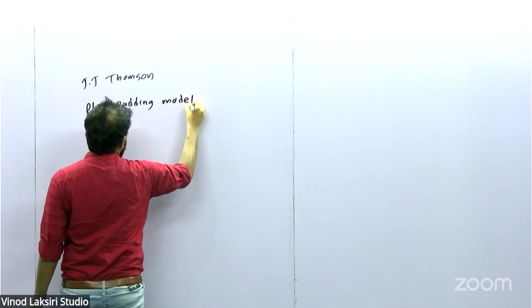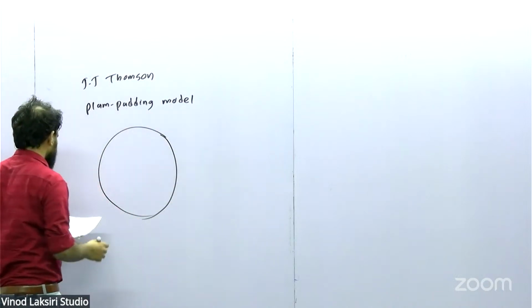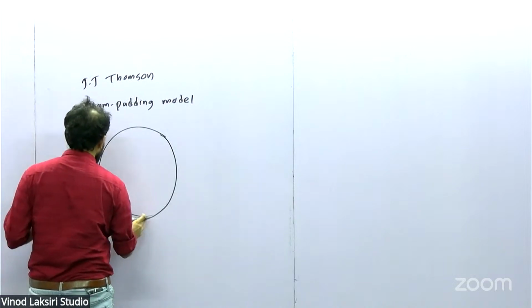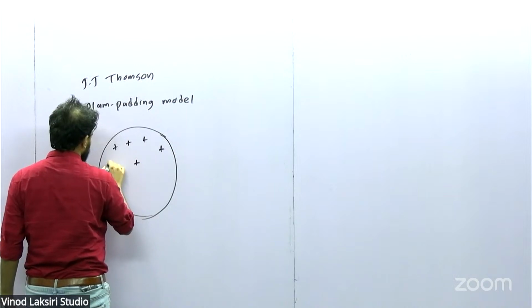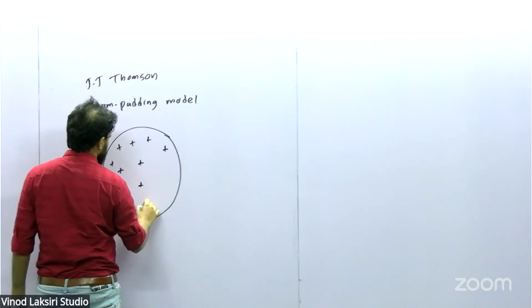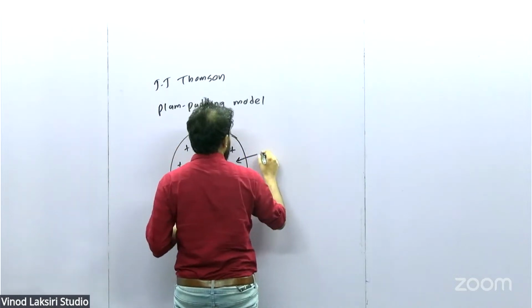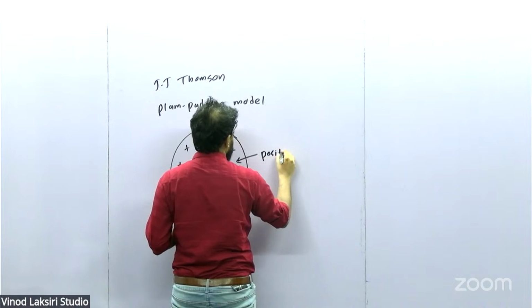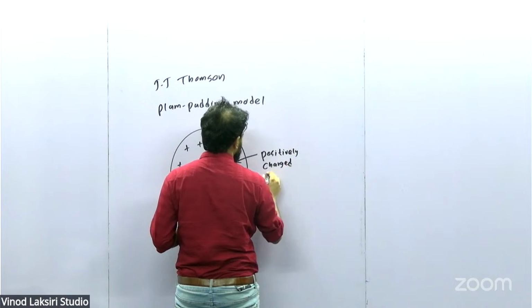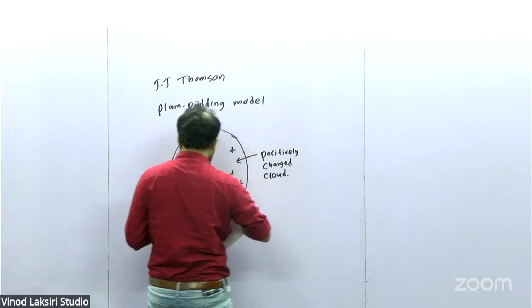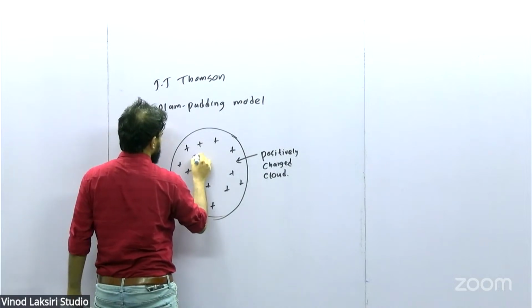What is this plum pudding model? He stated that there is a positively charged cloud like this.